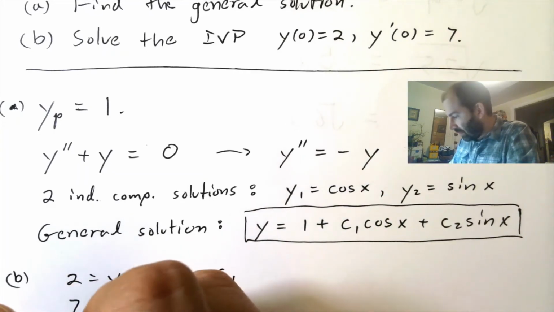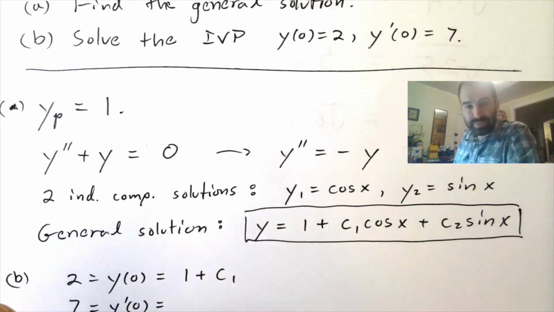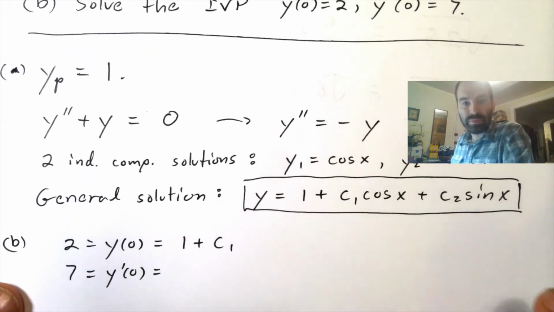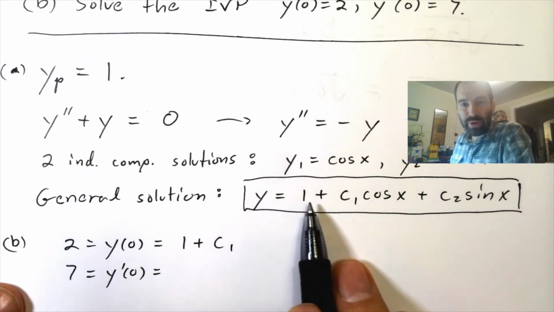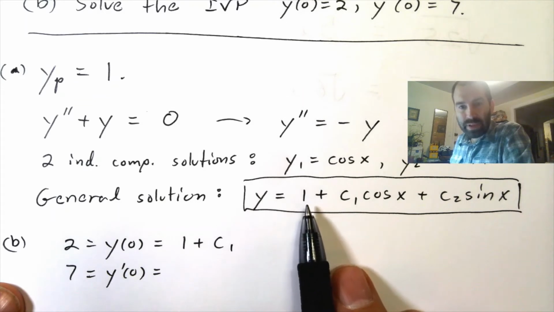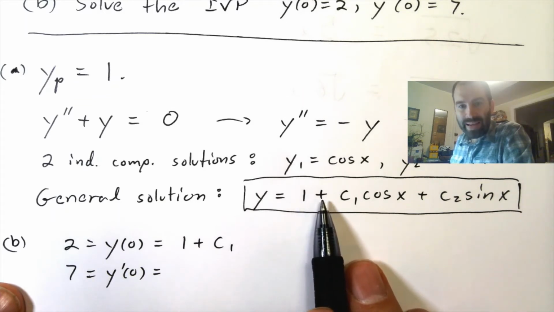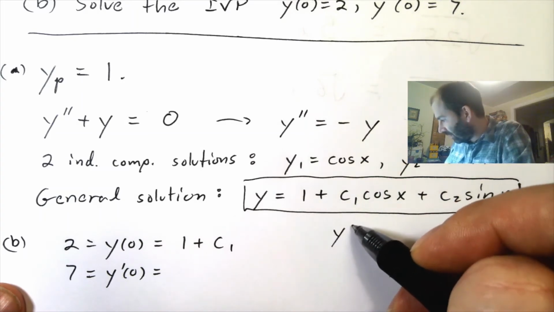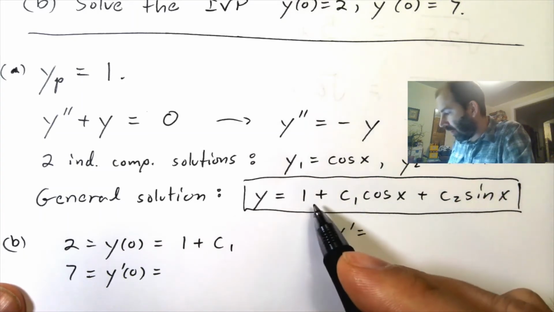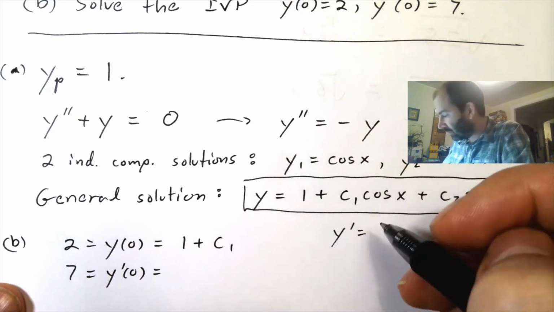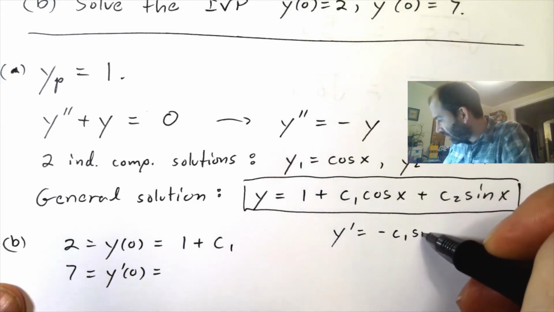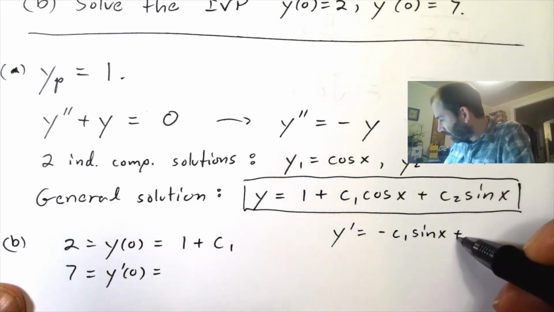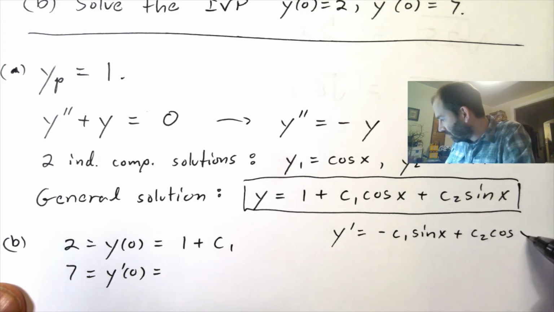Okay, so 7 equals y prime of 0. What's y prime? Y prime is going to be... let's just write that down here. Oh, not 1. Sorry, when you take the derivative, that goes away, right? So you get negative C1 sine x plus C2 cosine x.